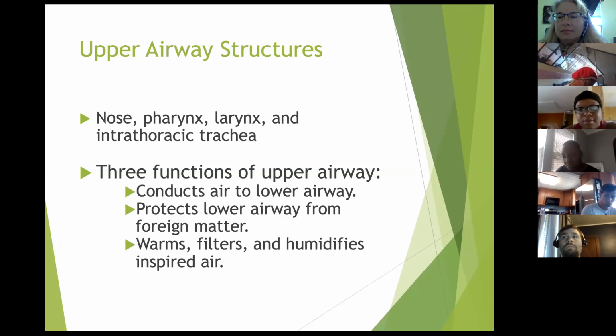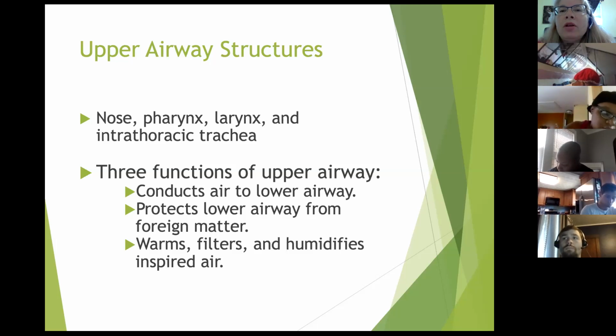Green? Not green. Black? Black. It's going to be black. It's going to look like the dirt that you were cleaning, because part of what that upper airway does is it filters that foreign matter.